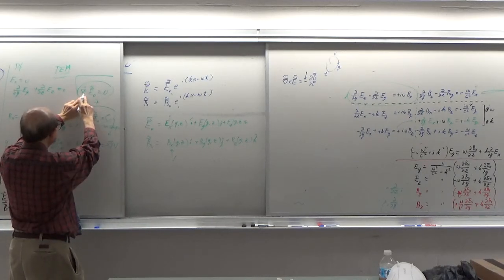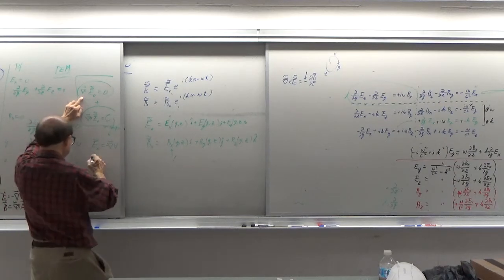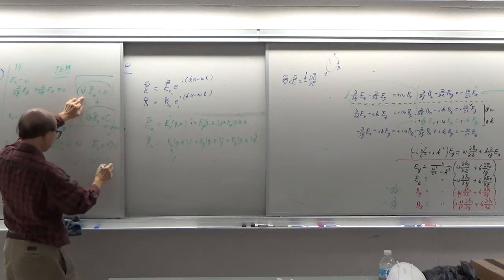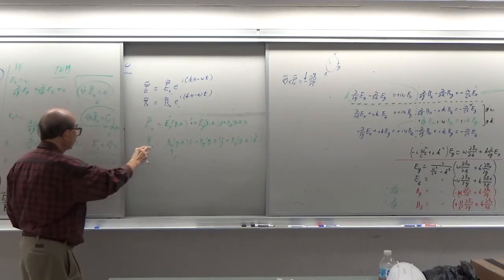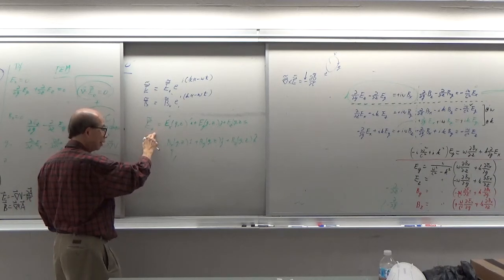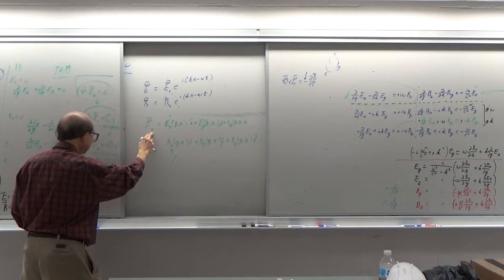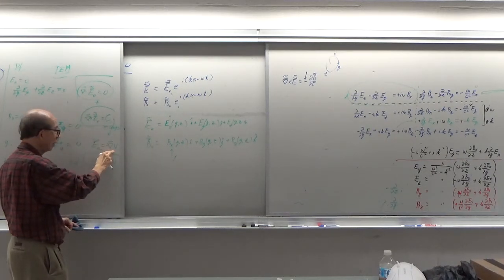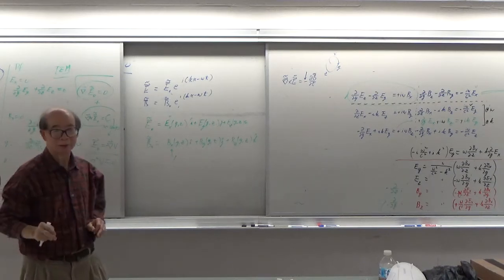So the divergence of this equation gives me the Laplacian, which means the Laplacian acting on V is 0. So the amplitude E naught of the electric field can be written as the gradient of a potential, and that potential obeys the Laplace equation.